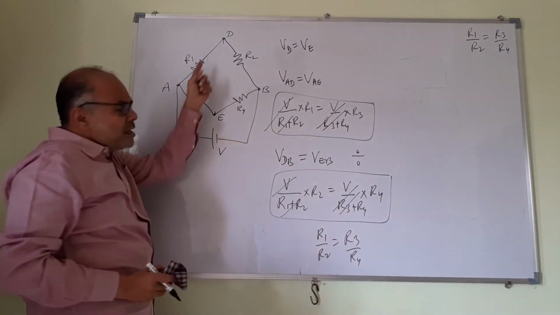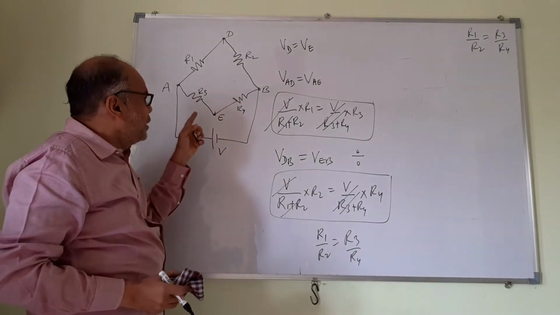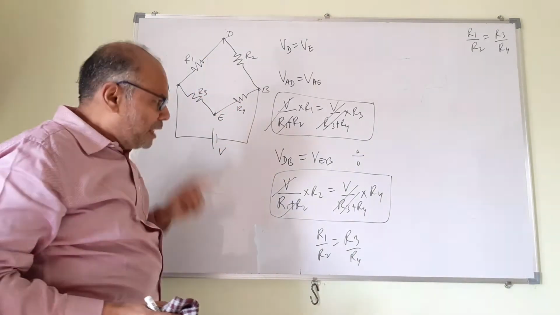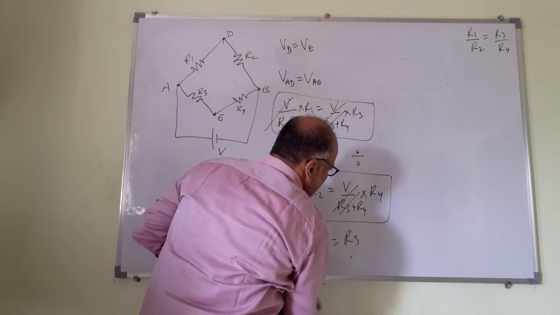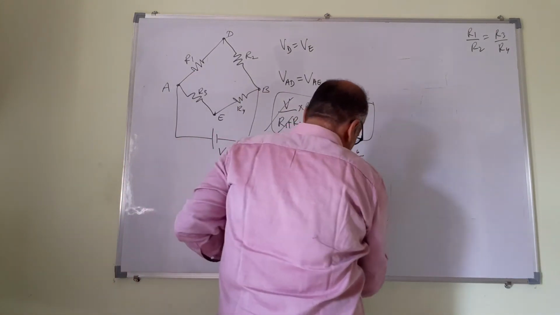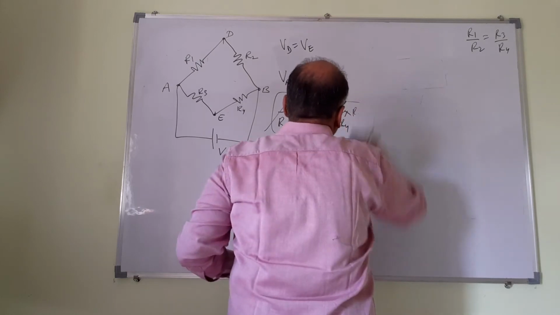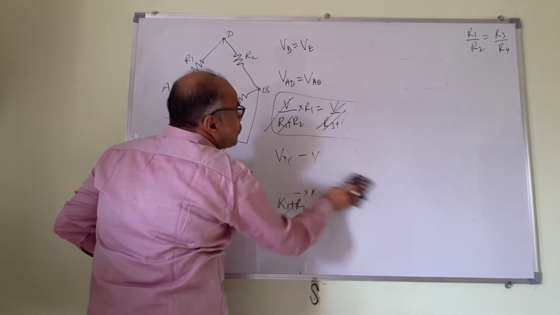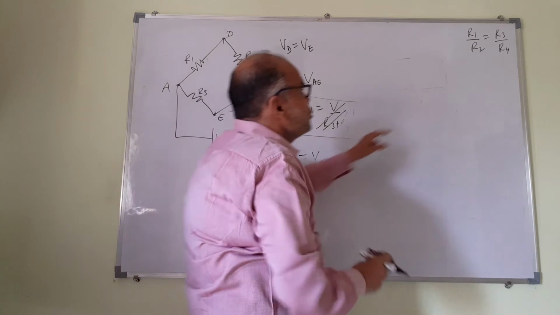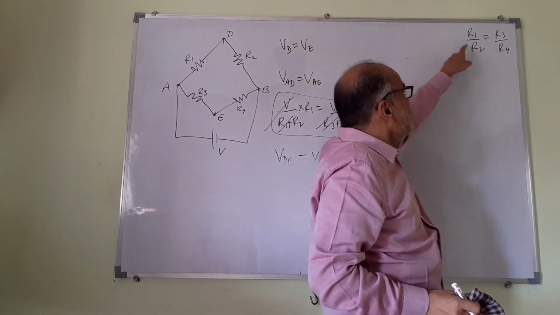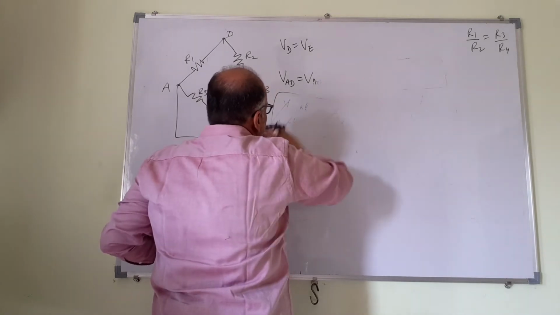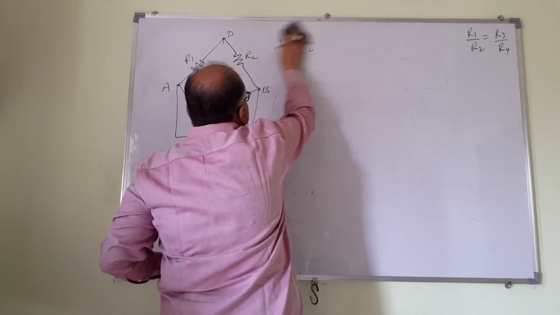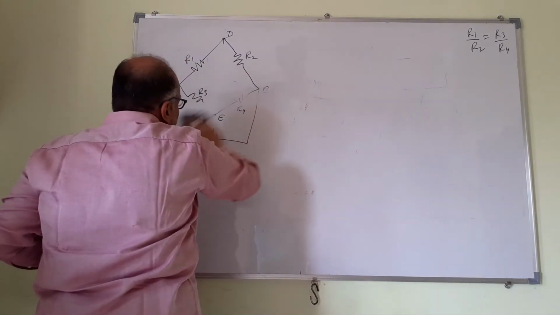Now let's replace these resistances by a capacitor. Let us have a balanced Wheatstone bridge again with capacitors. Let us see what is the outcome of that. If this condition is satisfied, the Wheatstone bridge is balanced. So let us find the condition for balanced Wheatstone bridge when we have capacitors.